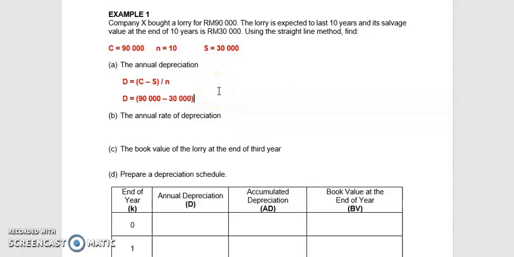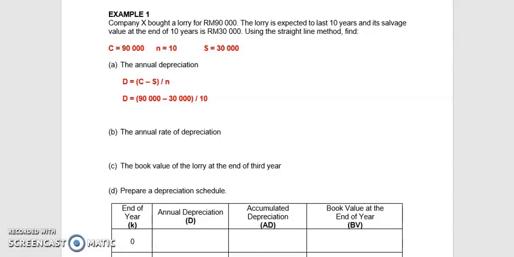If you want to find it per year, so 1 year, it depreciates by how many thousand? Divided by useful life, so now divided by 10. So 60,000 divided by 10 is RM 6,000. Meaning this lorry, for every 1 year you use it, it depreciates by 6,000.